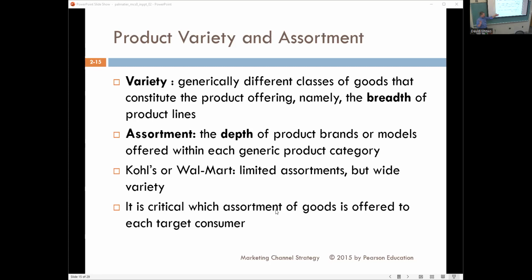Walmart has one of everything, but not in the depth that you can find certainly in any supermarket. And this is why it's good to go by Walmart if you need something badly, but if you're in the shopping and you can get these things done, it's better to do it this way. And of course, it's extremely important to know which goods are offered to each target customer.